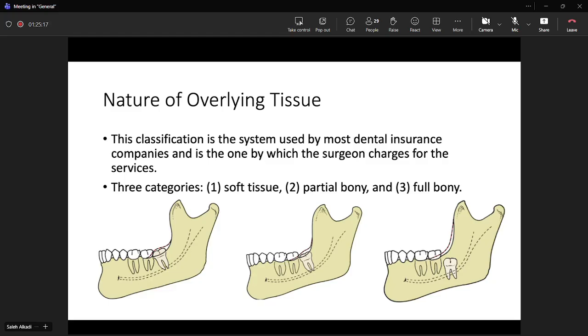For soft tissue impacted, of course, the cost of extraction will be cheaper compared to the other types. The fully bony will be the most expensive one. This is the chart that the dental insurance companies use to charge patients, or when they communicate with the operating surgeon.